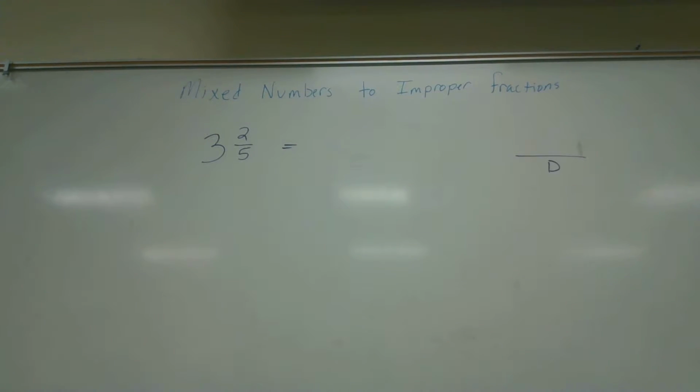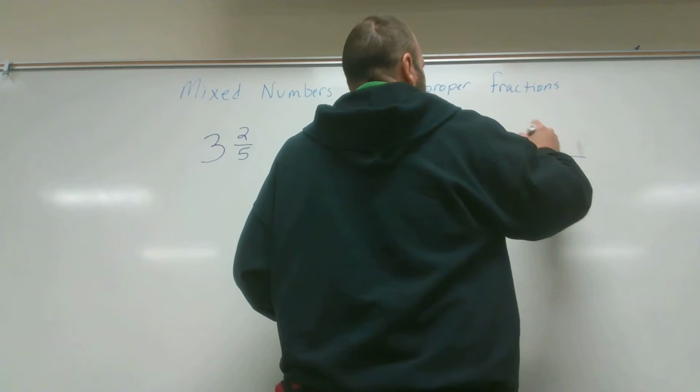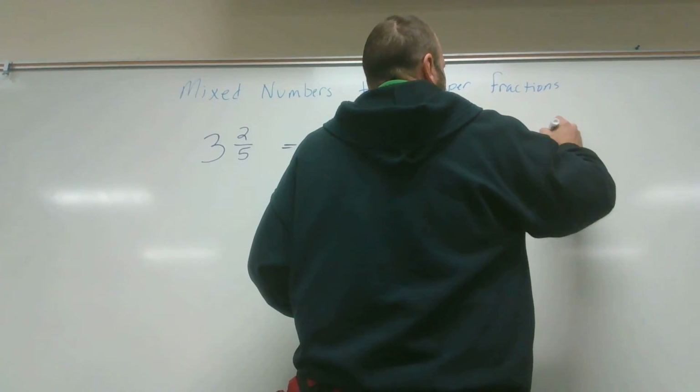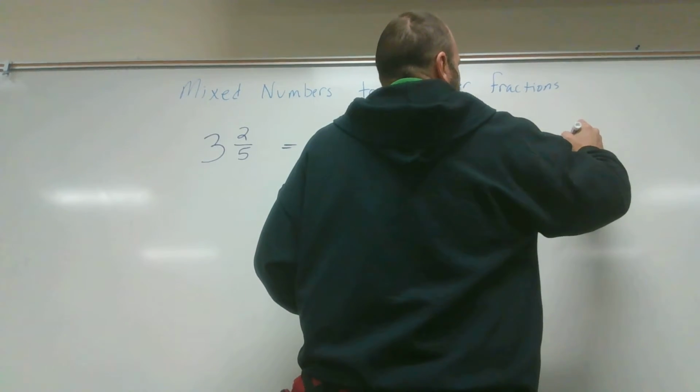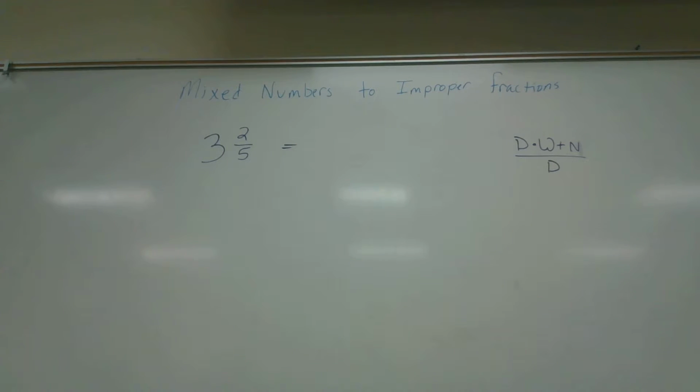Denominator stays the same. To find your numerator, you take the denominator that you have times your whole number, add your numerator. If you follow that pattern, and see, this is where algebra is actually awesome because it makes it easier for you there.